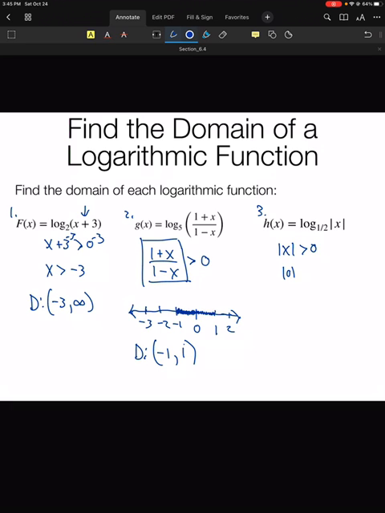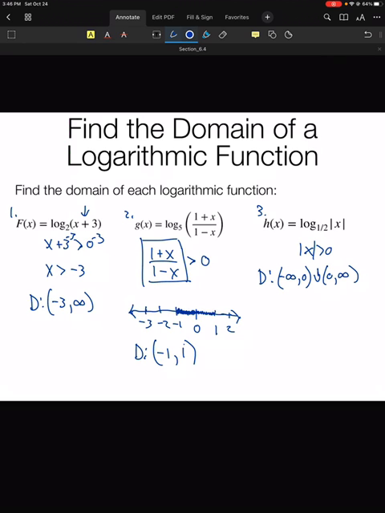So if I plug in 0, the absolute value of 0 is 0. So it's not, in fact, true that 0 is greater than 0. So the domain of this function, or when the absolute value of x is greater than 0, is from, so the domain here is -infinity to 0 and 0 to infinity.